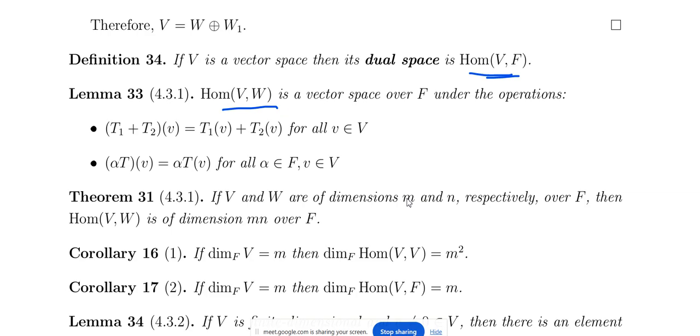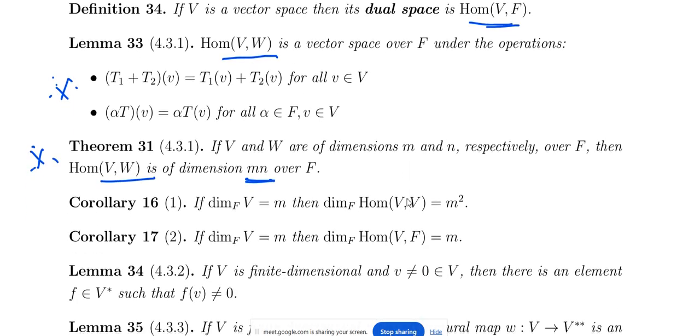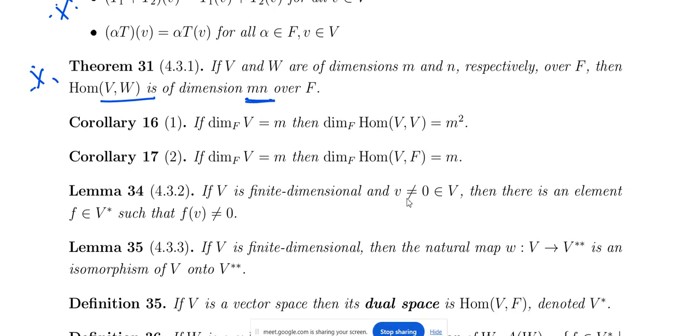So this is one of the important lemmas. If V and W are of dimension m and n, then the dimension of Hom(V, W) is mn. Many people have asked this question at the very earliest stage. The dimension of V equals m, the dimension of Hom(V, V) equals m squared, and the dimension of Hom(V, F) equals m.